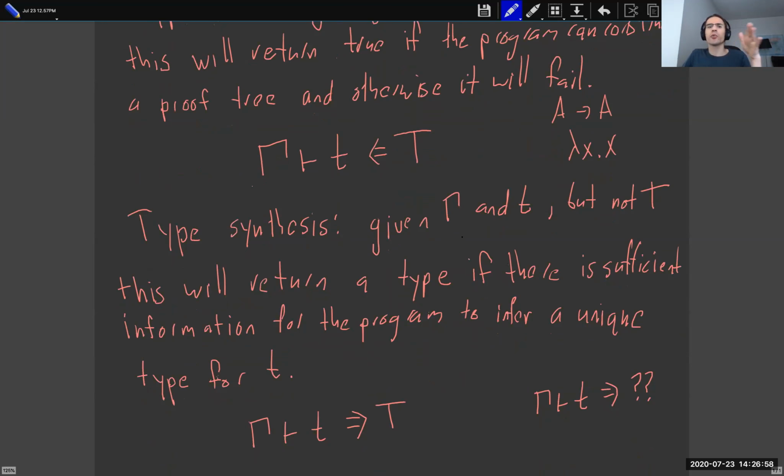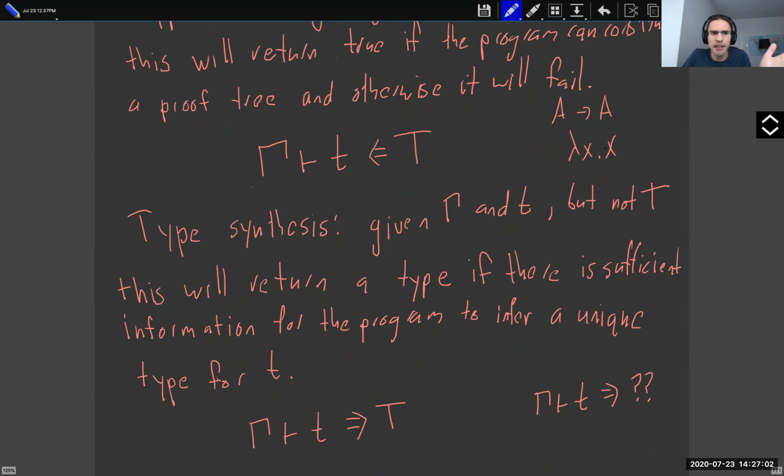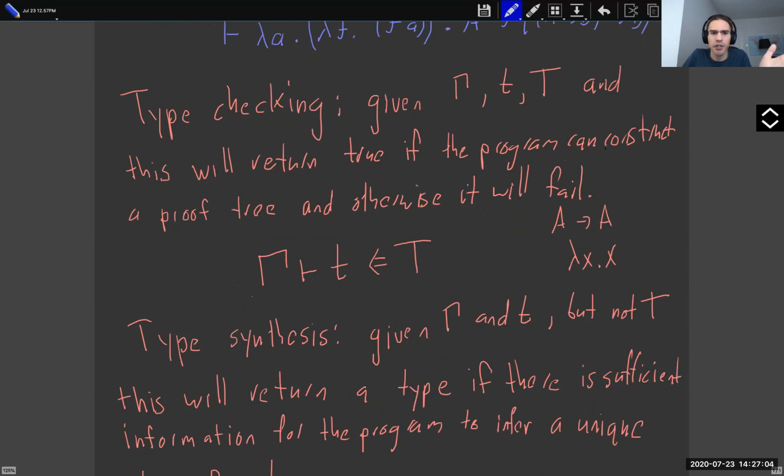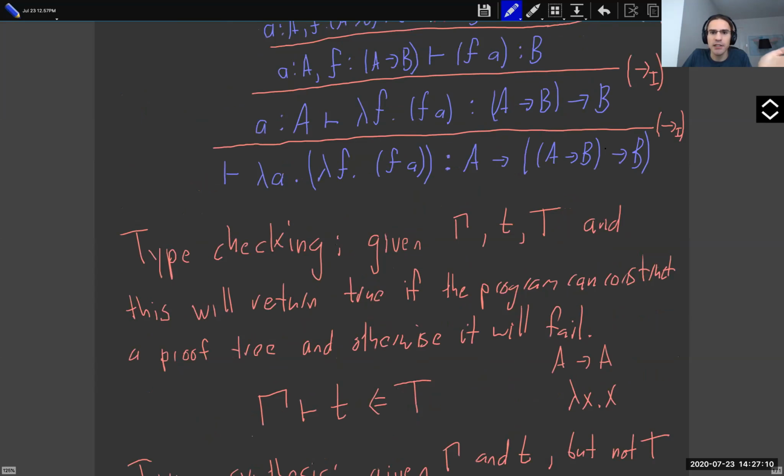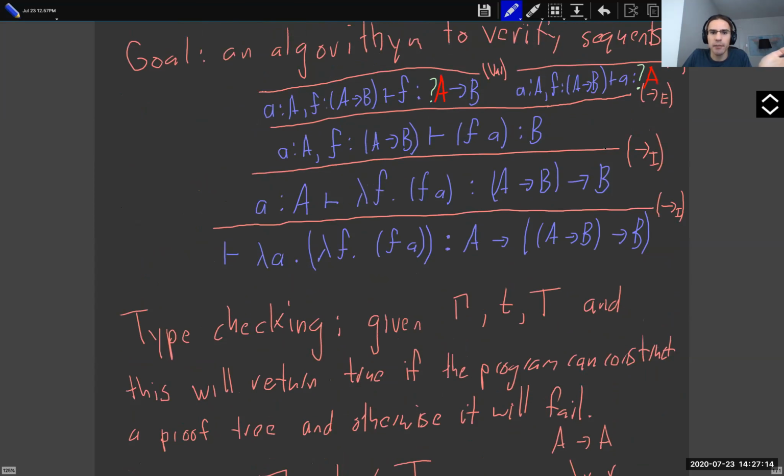So our goal is to write two functions, a type synthesis function and a type checking function. Why are we writing both of those functions? Well, our original goal was to basically do type checking. And that seems great because we're able to determine what rule we apply at each step. But we run into a bit of an issue when we get to the implication elimination case, because then there are question marks.